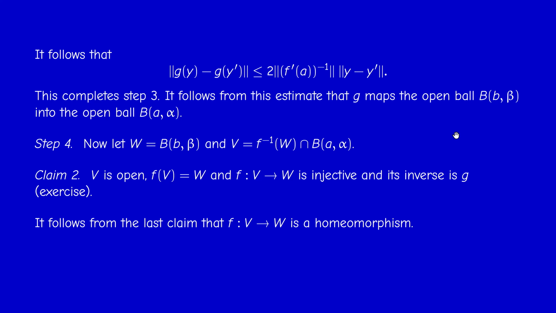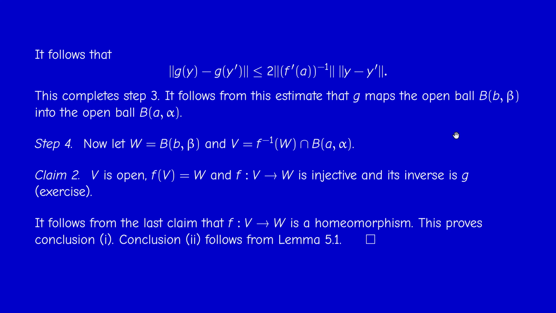So this is conclusion 1, and conclusion 2 just follows from lemma 5.1, because I know that f is a homeomorphism, so g is continuous. Okay, so this concludes the proof of the first version of the local inversion theorem.